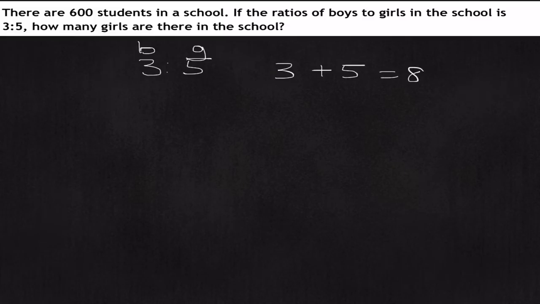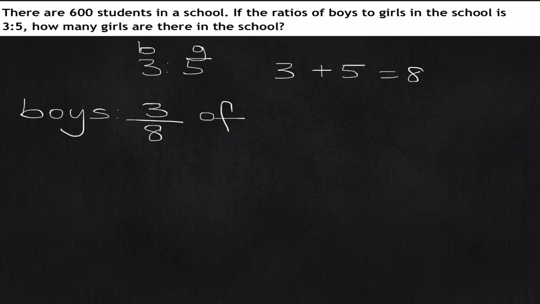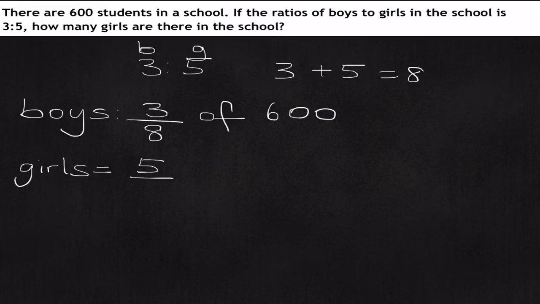What this is telling me is that for the boys, 3 out of every 8 students are boys. Of the total of 600, that will tell me the number of boys. However, the question asks for how many girls there are in the school. So for the girls, same thing: 5 out of every 8 students are girls.